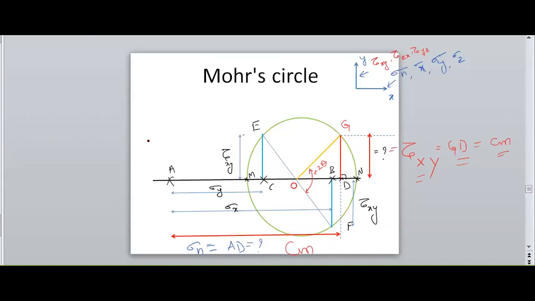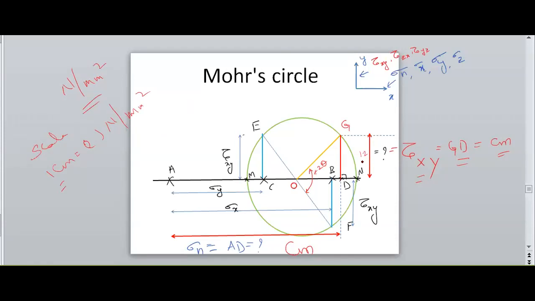But our problem requires Newton per mm square. Therefore, I need to use this scale, whatever you have used previously, and I need to convert how much centimeters. It may be 1.2 centimeter or 1.8 centimeter.